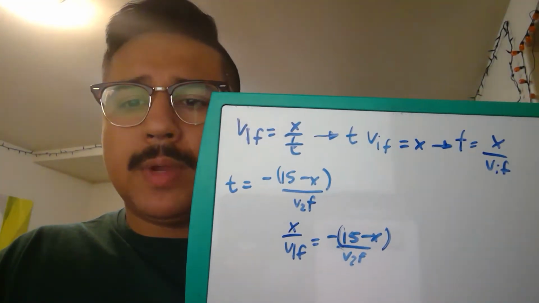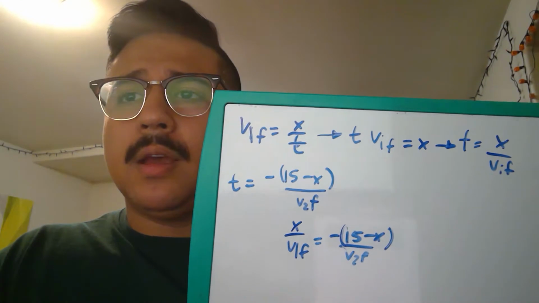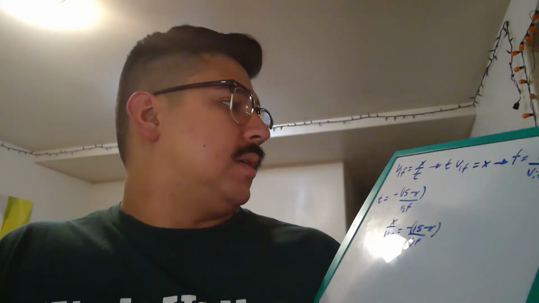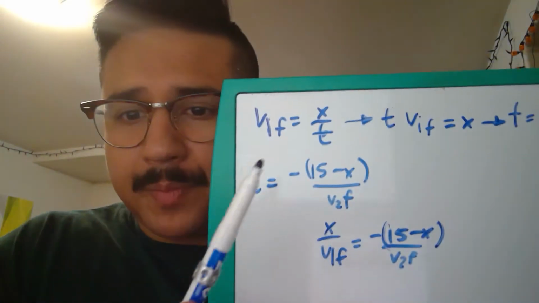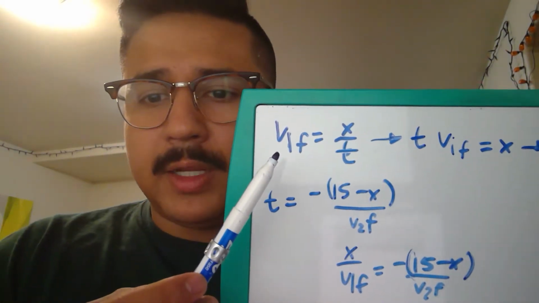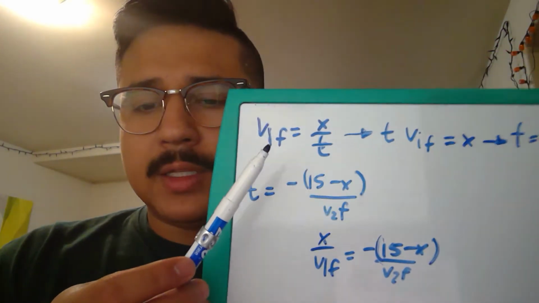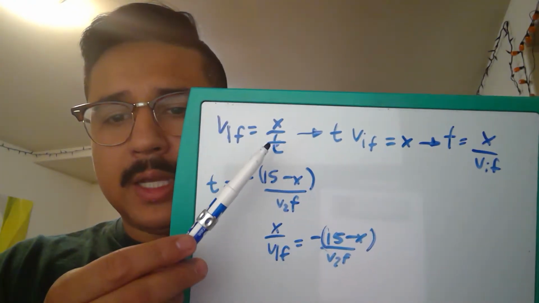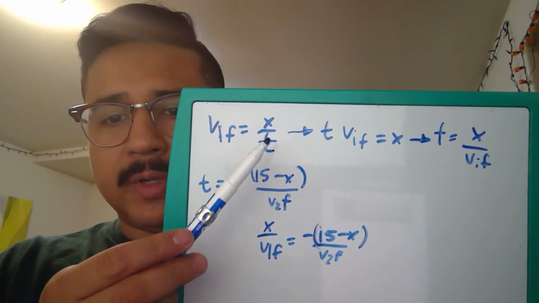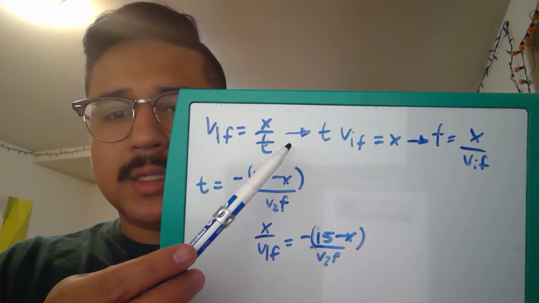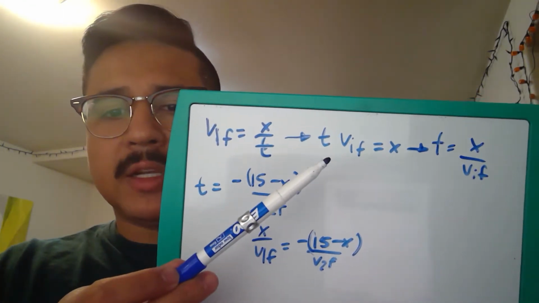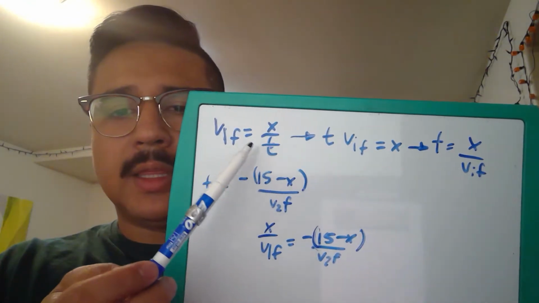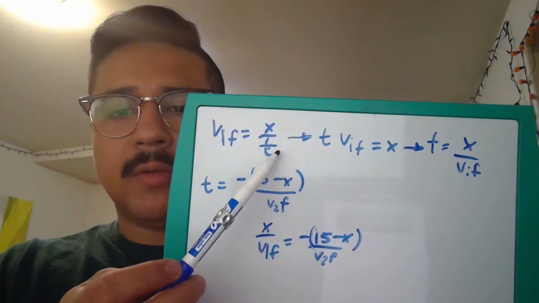Okay, so right here we can see that the final velocity of object 1 is equal to x over t, displacement over t. We're going to move things around algebraically. So we're going to multiply t to both sides to get rid of the t on that side.